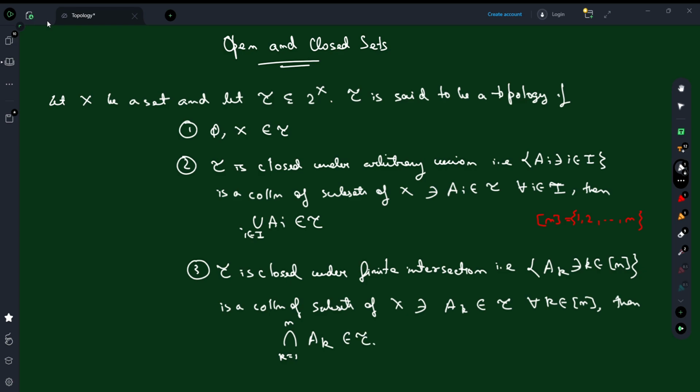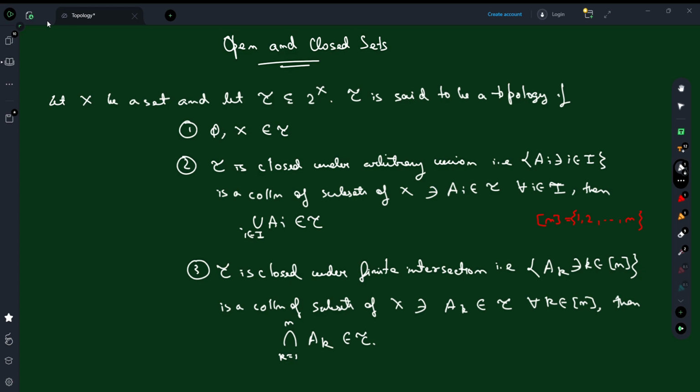Now this definition is, you might say, a generalization of the observations we got when we worked with open sets in metric spaces, or specifically in the real number line. When we studied metric spaces, or real analysis, we saw that an arbitrary family of open sets has a union that is again open.